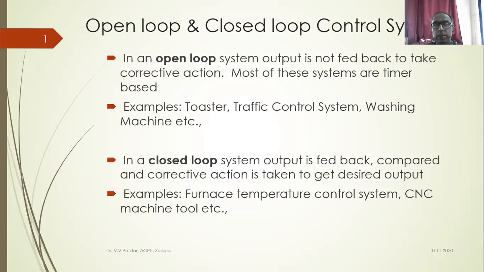Maybe in the toaster case, I can use some reflector, and that reflector will reflect the light from the image of the toast, and that reflected light is projected on maybe a photo sensor. So the browner tinge will give me different light reflection.